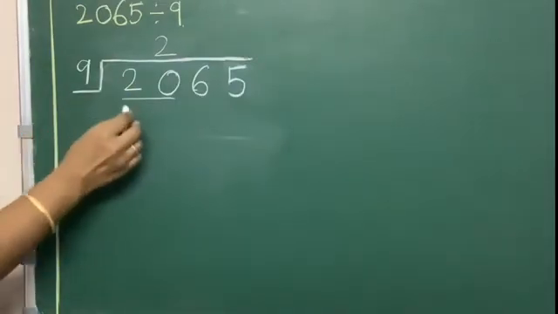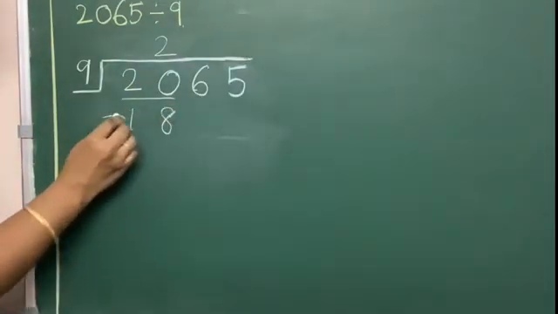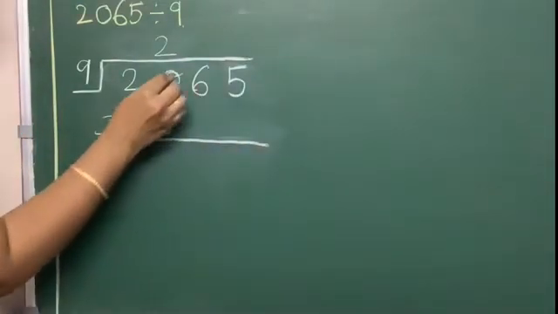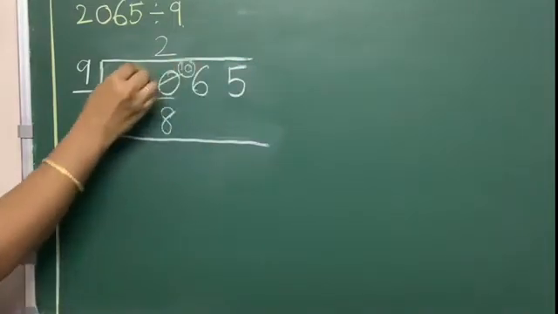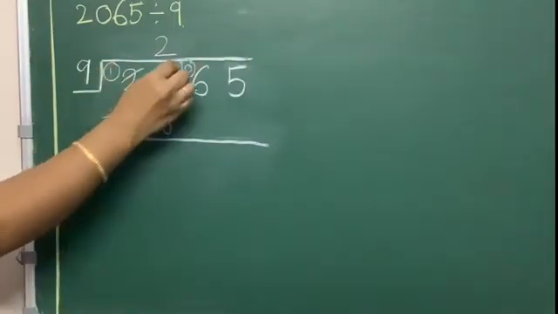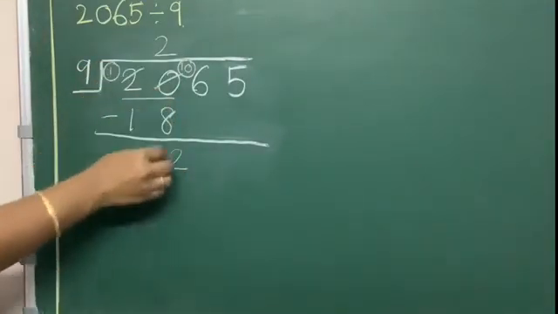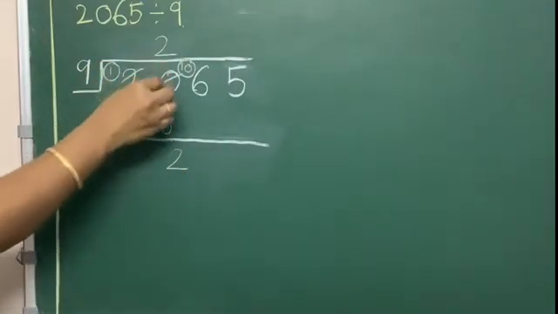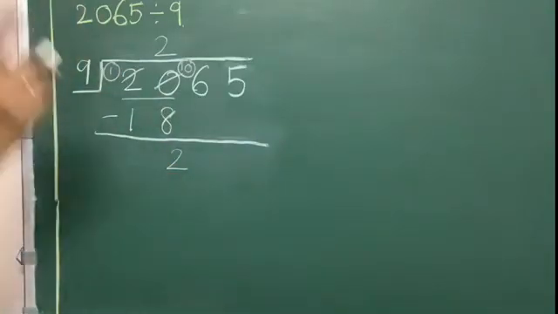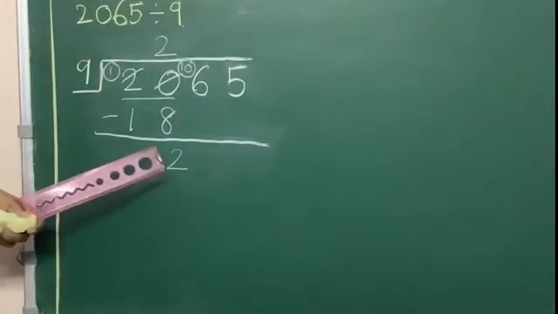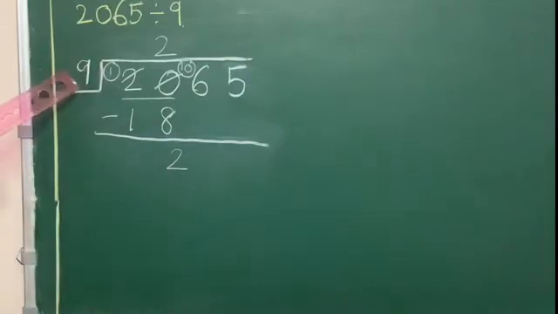Okay, now here 9 2s are 18. Now this will become 10 and this will become 1. So 10 minus 8, it is 2. Now in whatever step you are doing, once you get the remainder, it's very important, you have to compare the remainder with the divisor.